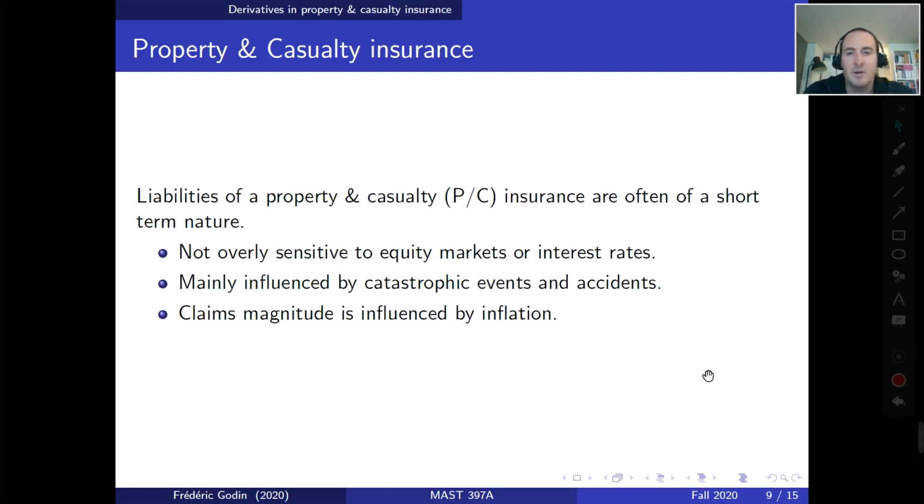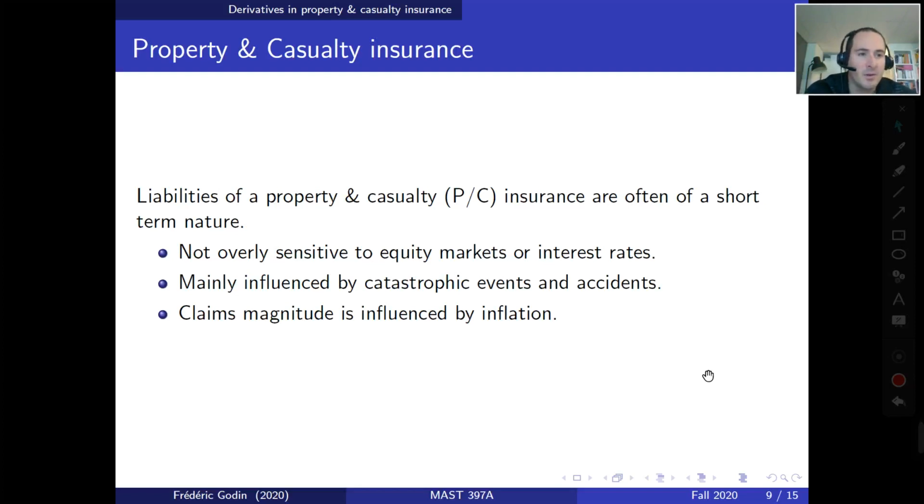Contrarily to liabilities of a life insurer, liabilities of a property and casualty insurer are not very sensitive to either interest rates or equity markets. Typically the maturity of a liability of a property and casualty insurer is very small. When you insure your car, it's pretty much 1 year at a time.